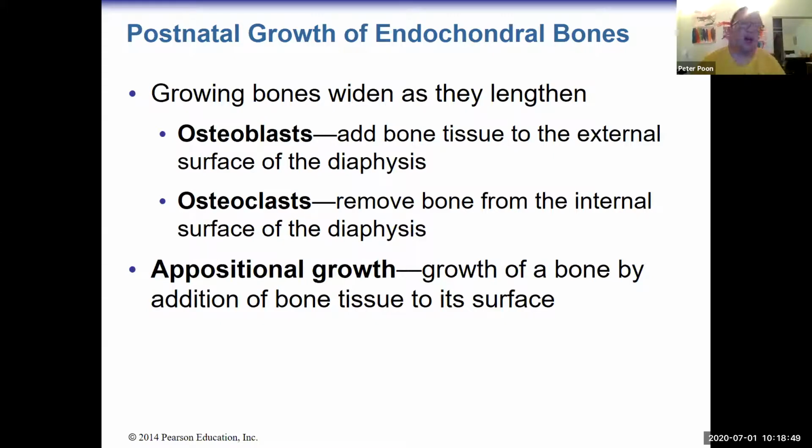In addition to bones growing longer, they also have to grow wider to support your weight as you get bigger. And the way it does that is pretty simple. Remember, bones are hollow.